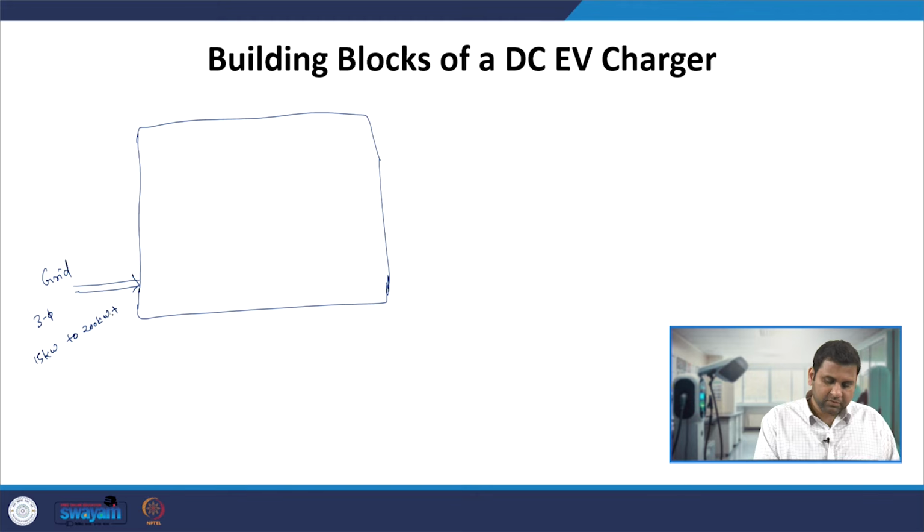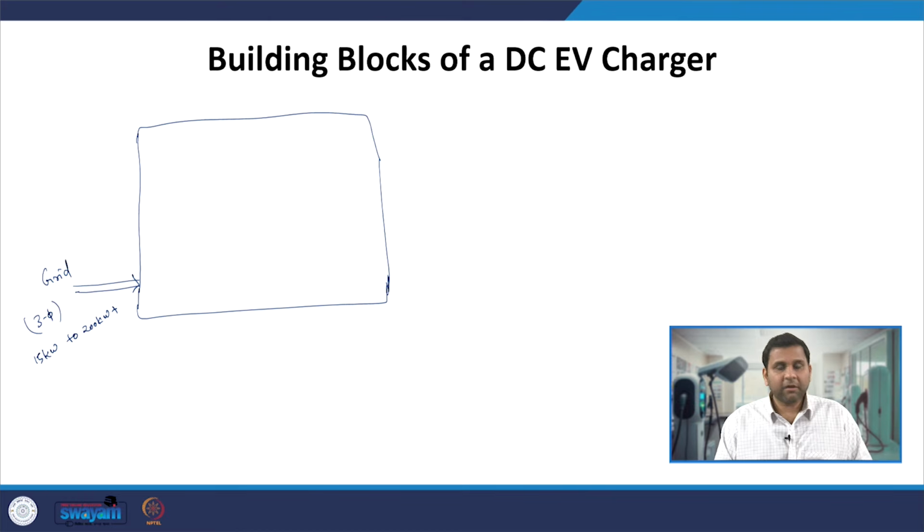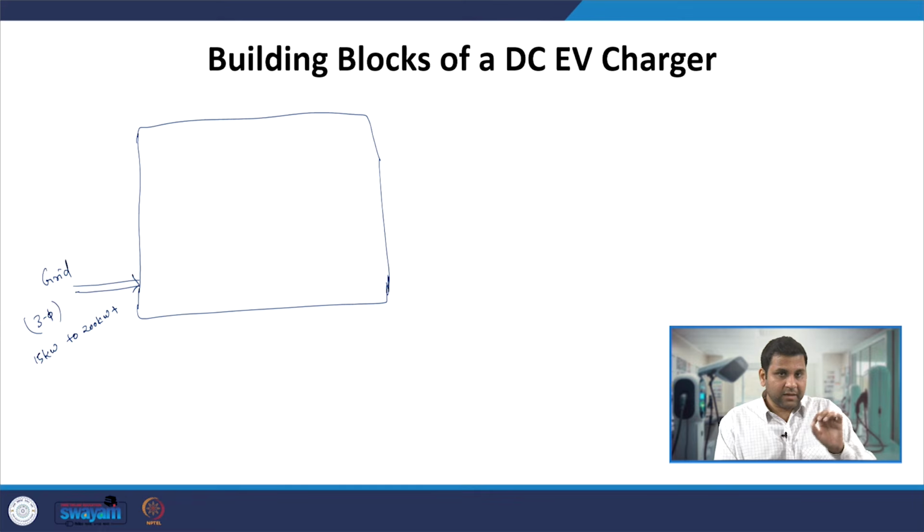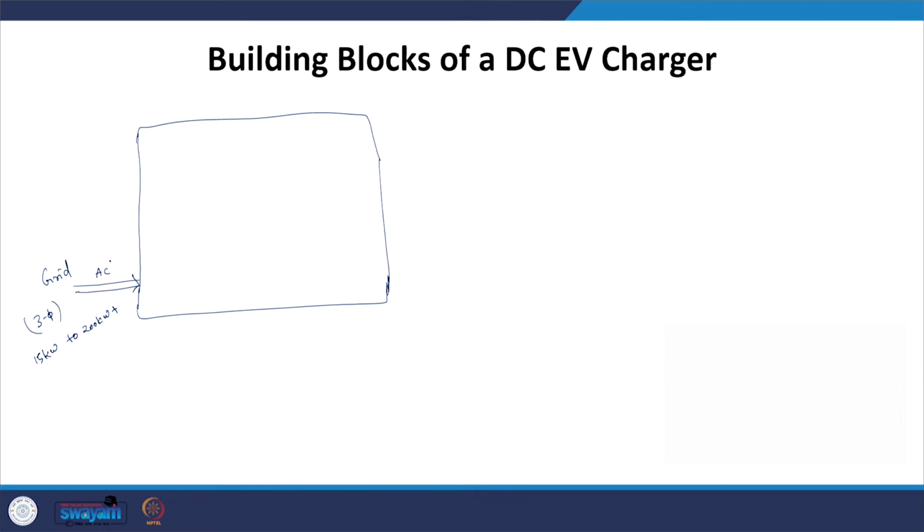You can also see some chargers going up to 400 kilowatt in the ecosystem. They take 3-phase input because they are meant for high power, or fast, charging. So here we have AC which gets into the DC EVSE.